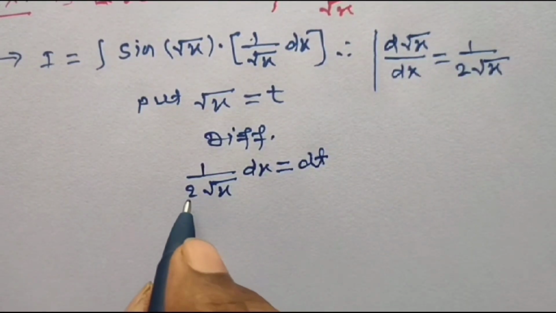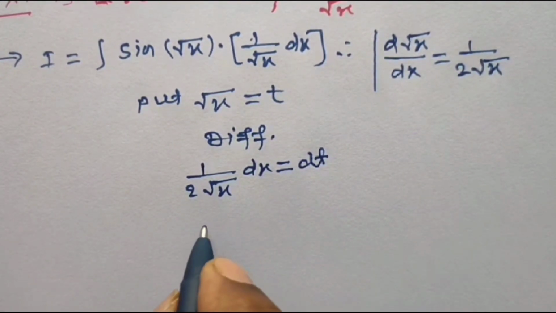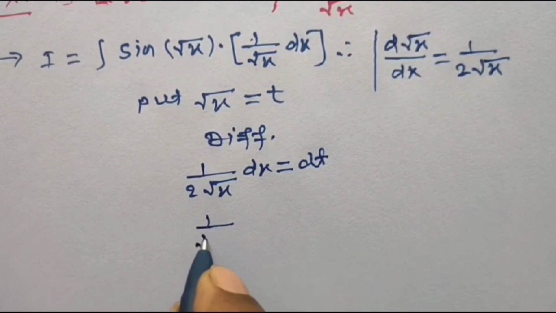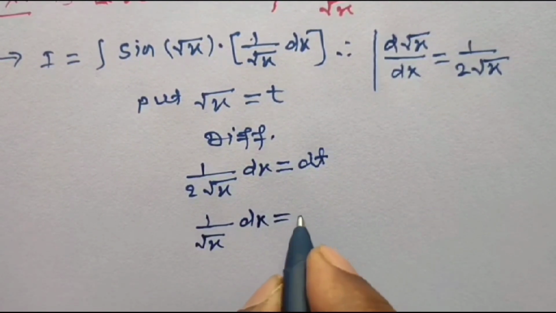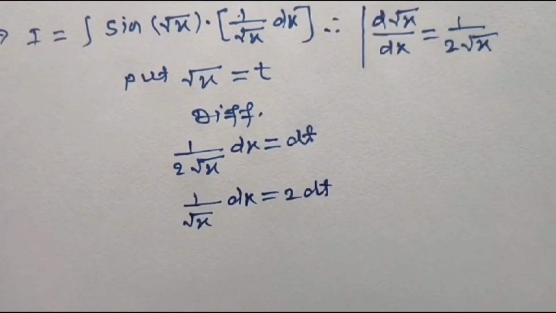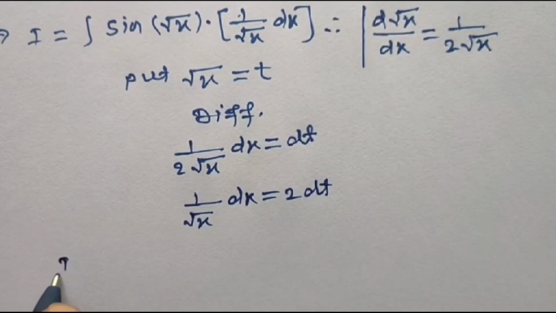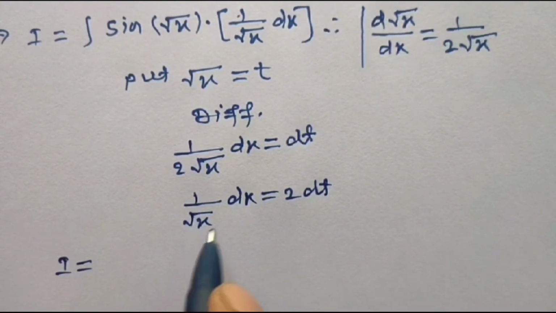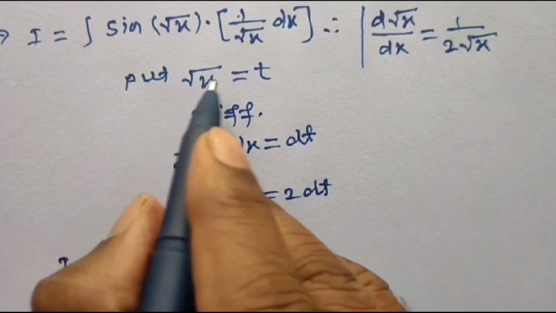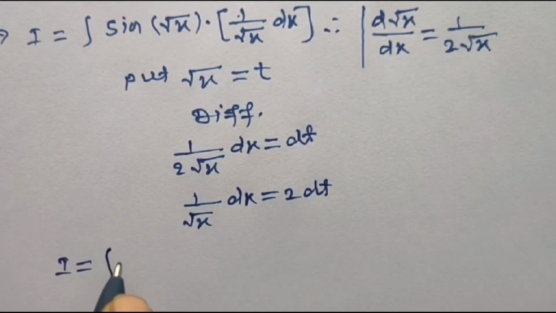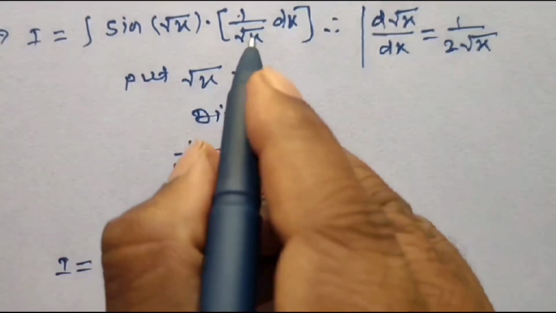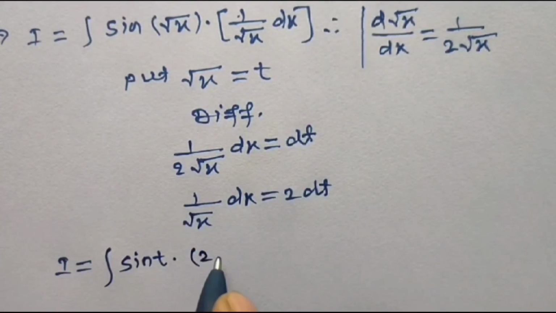Means you have to take this 2 on this side. Hence 1 upon root x dx is equal to 2 dt. And the integral can be written by replacing 1 upon root x dx by 2 dt and root x by t.